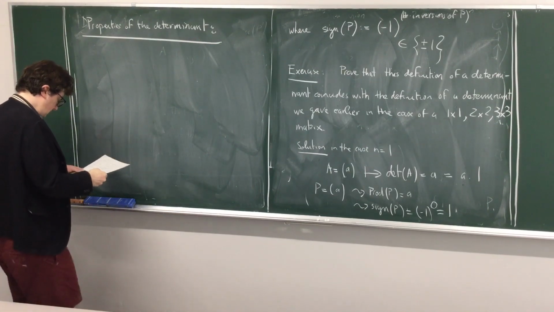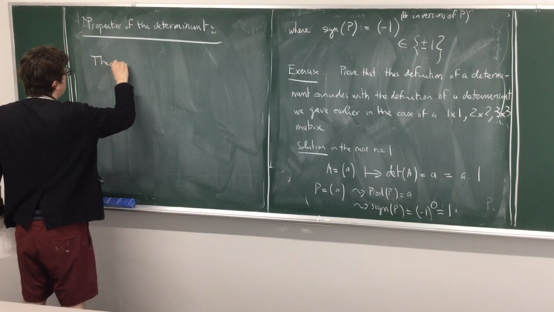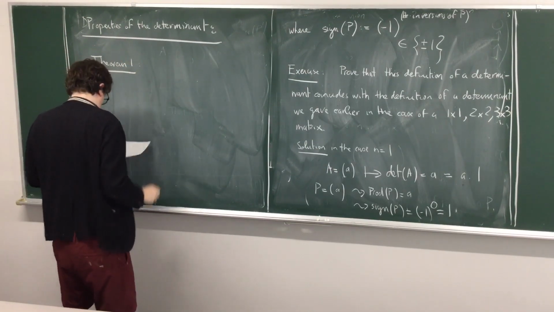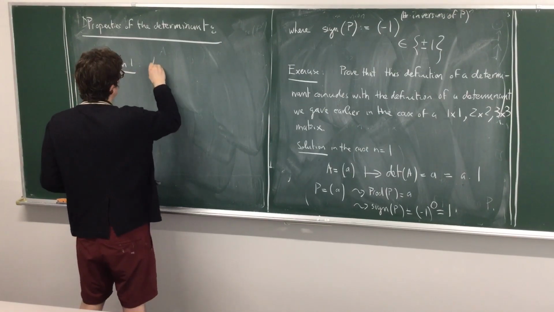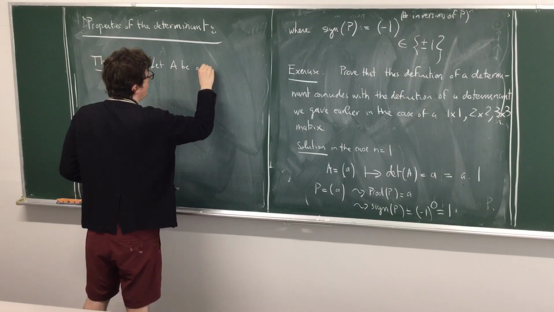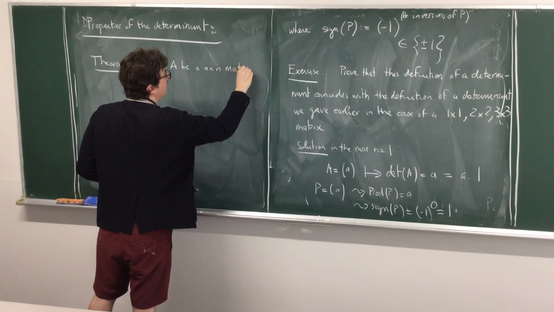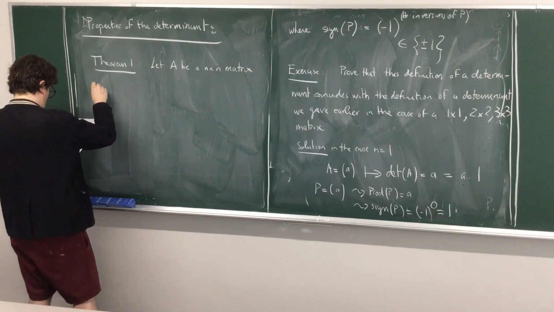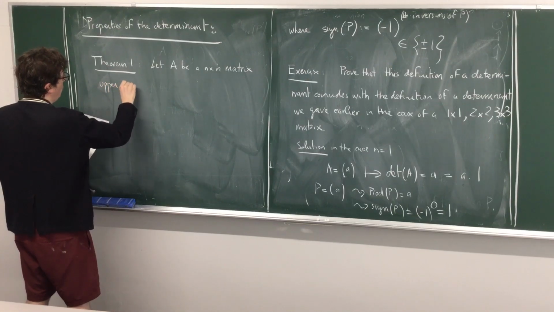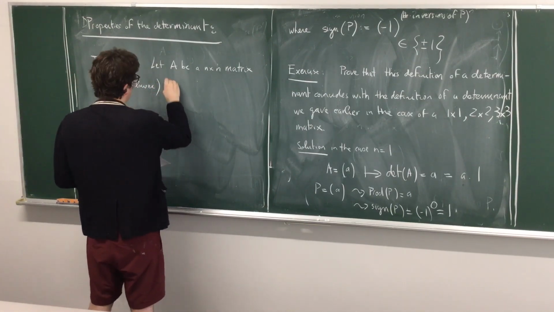So the first property we are going to study, let's put it in the form of a theorem. The theorem is as follows. Let A be an n times n matrix, which is upper or lower triangular.